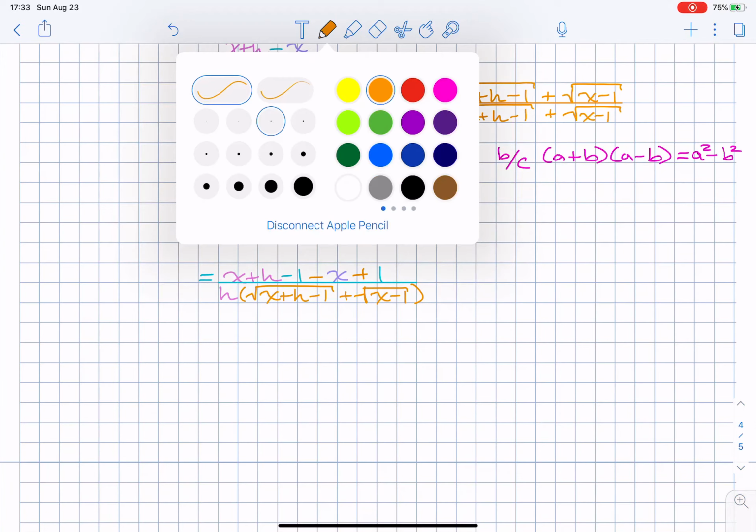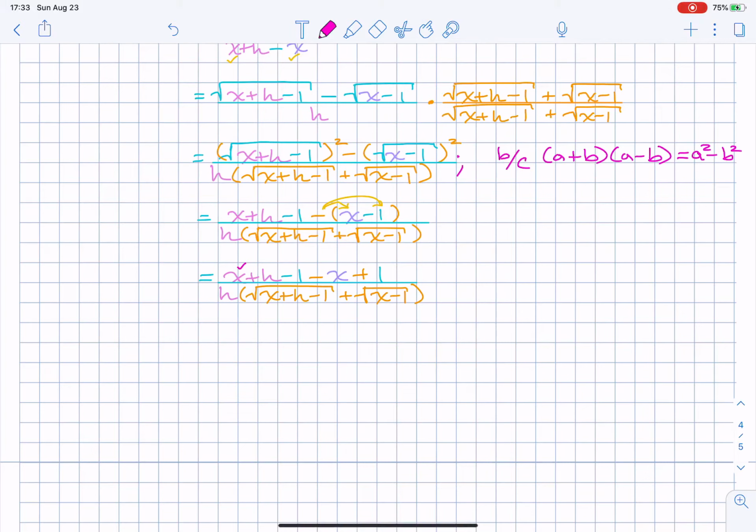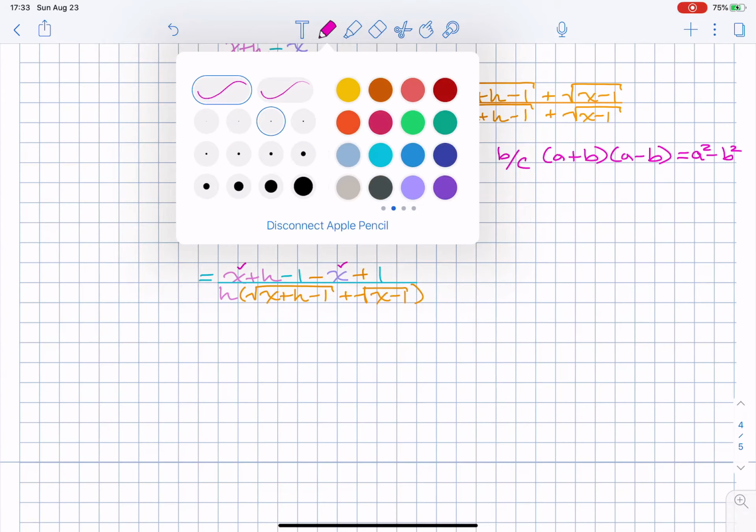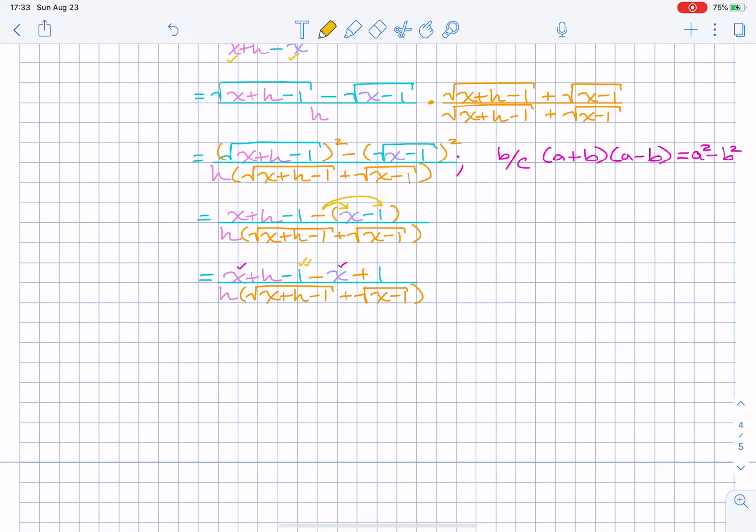Okay, so notice that x minus x goes away, and that negative 1, positive 1, sum to 0.